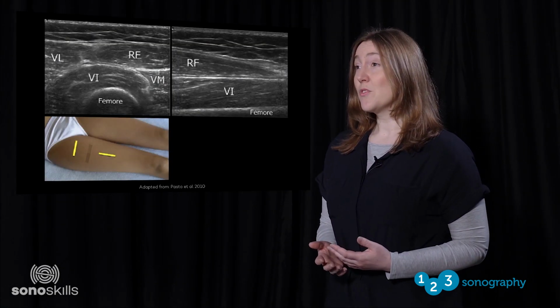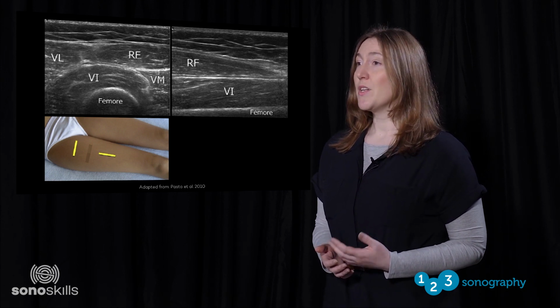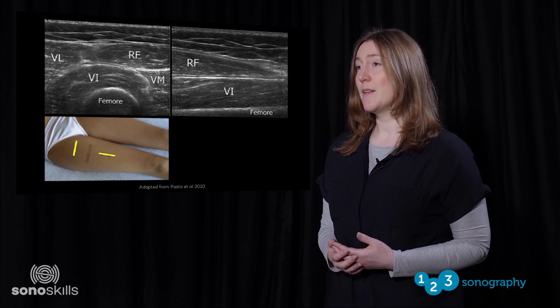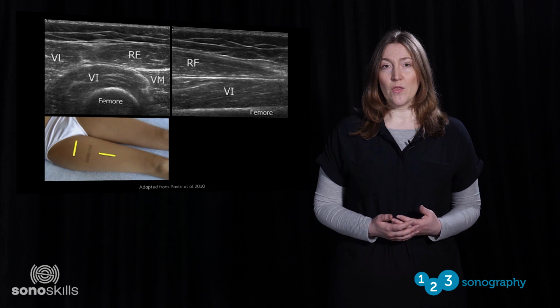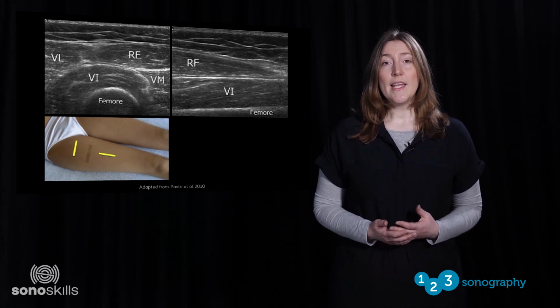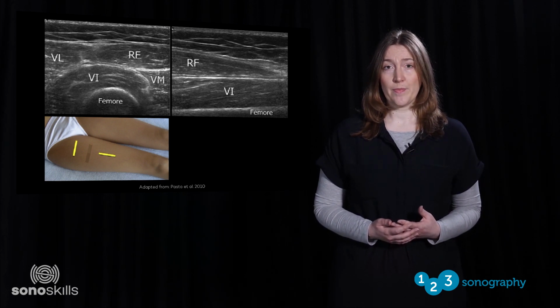This slide shows an ultrasound scan of the upper leg. In the upper left image, a transverse view of the femur and all four quadricep muscles can be seen. The image has been taken on the most proximal indicated transducer position. Each muscle belly is covered by hyperechoic facial epimysium.